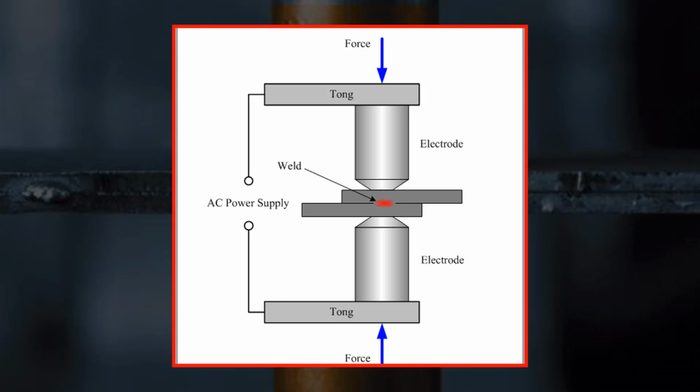Due to these copper electrodes, we generate some pressure between two plates, and a current is passed through them. Due to this current, heat energy is generated, and due to this heat energy, the metal will be melted at some point.